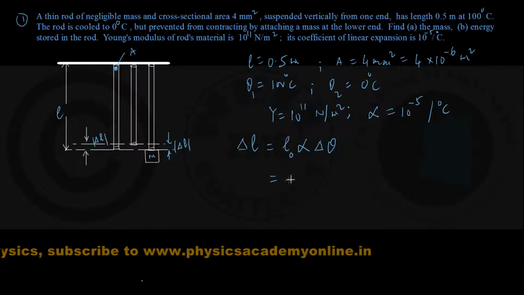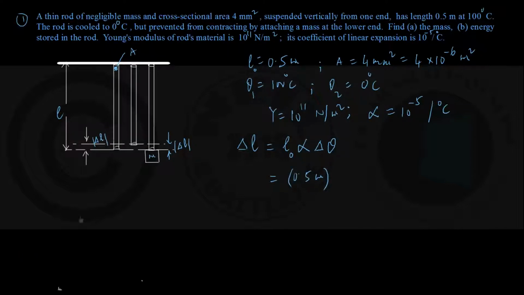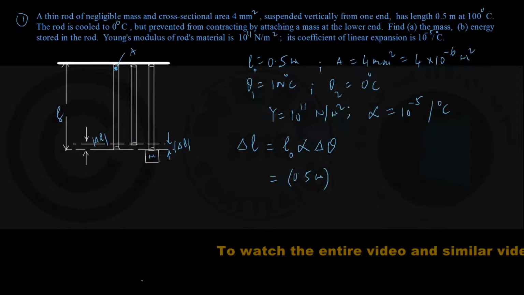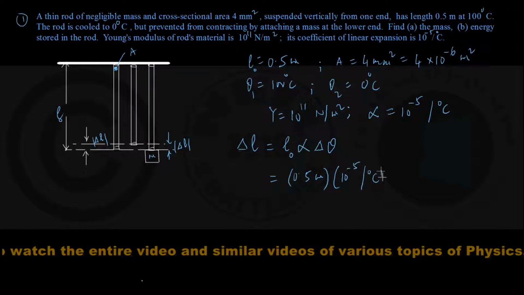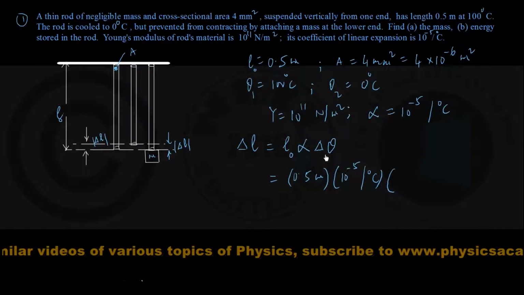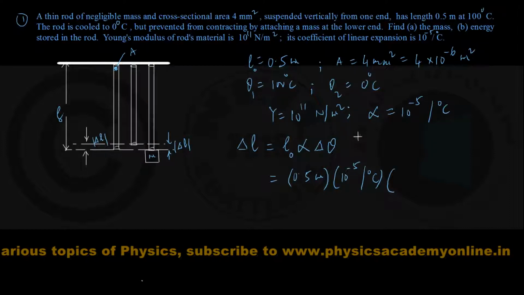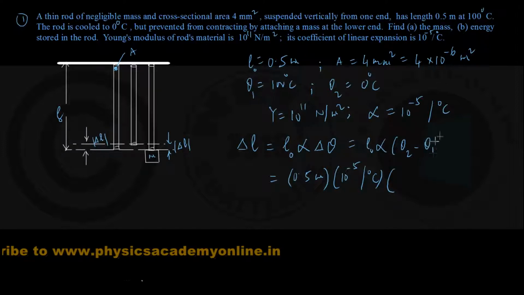In my case, L0, the original length, is 0.5 meter, the original length of the rod in my first figure. The value of alpha is given to be 10 to the power minus 5 per degree Celsius, and delta theta is final temperature minus initial temperature. Never miss the order. So delta L is L0 into alpha into theta 2 minus theta 1.